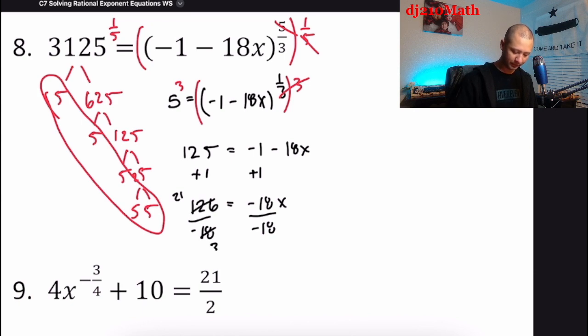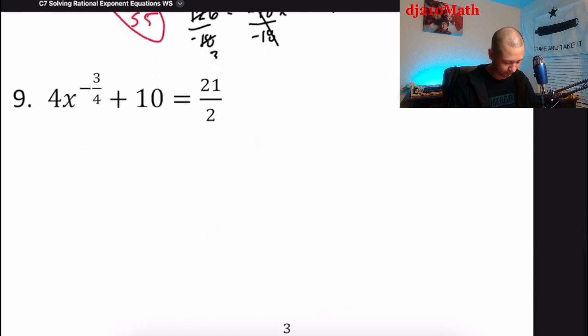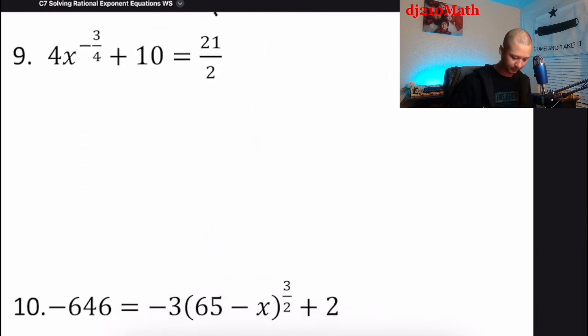Okay, so it's going to be -7. So x is equal to -7. All right, moving on. Keep it moving.